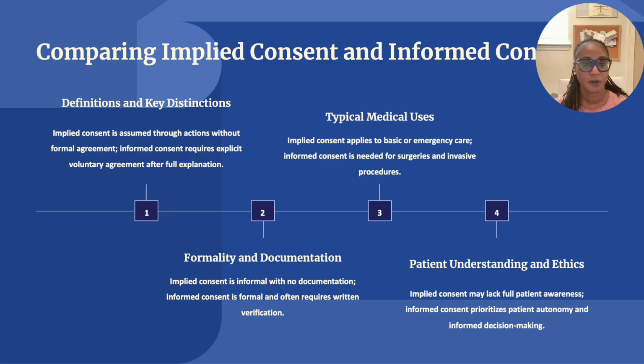When looking at typical medical uses, implied consent applies to basic or emergency care. Informed consent is needed for surgeries and invasive procedures. Thinking of patient understanding and ethics, implied consent may lack full patient awareness, and informed consent prioritizes patient's autonomy and informed decision making.